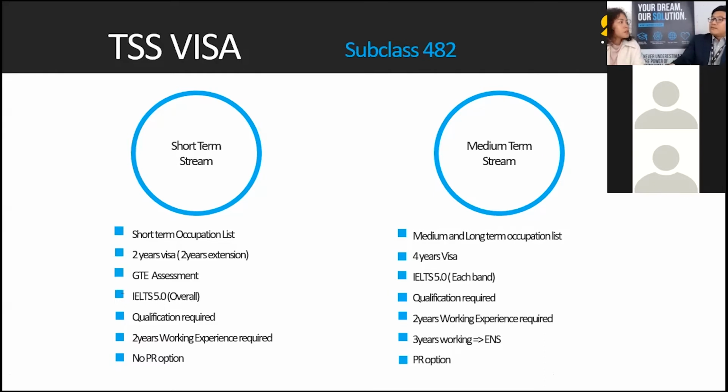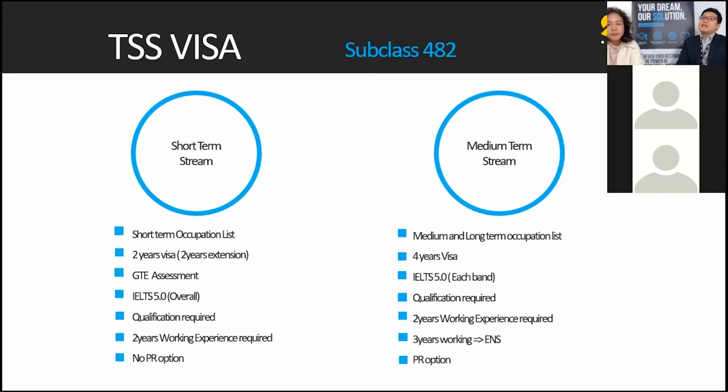For example, chef, carpenter, painter, motor mechanic, nurse, accountant, engineer, and IT professional are all under the medium and long-term occupation list. Then you can use the medium-term stream for the 482 visa application.